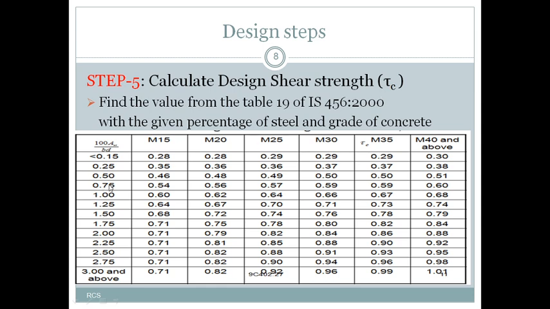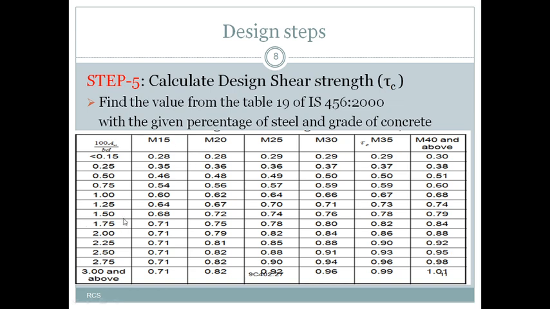So, for example, say the design percentage of tensile steel is 0.7%, and the grade of concrete given is M20. For that condition, you want to calculate the design shear strength.